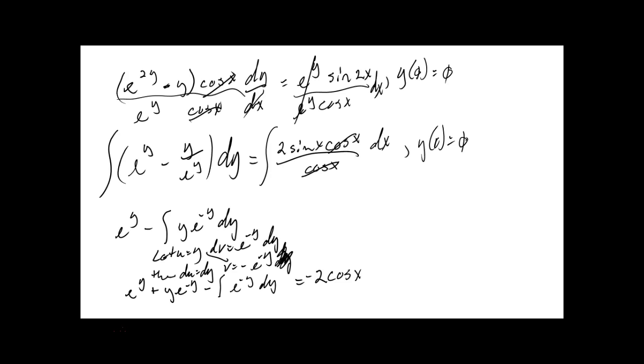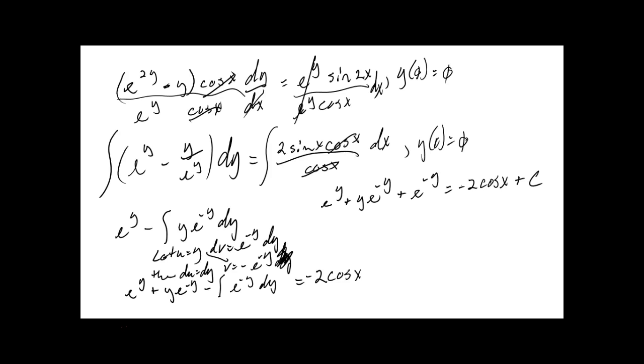So that'd be e to the y plus y e to the minus y, and then the antiderivative of e to the minus y is minus e to the minus y. So that minus makes that plus, so it's e to the minus y. And that's equal to minus 2 cosine x plus c.